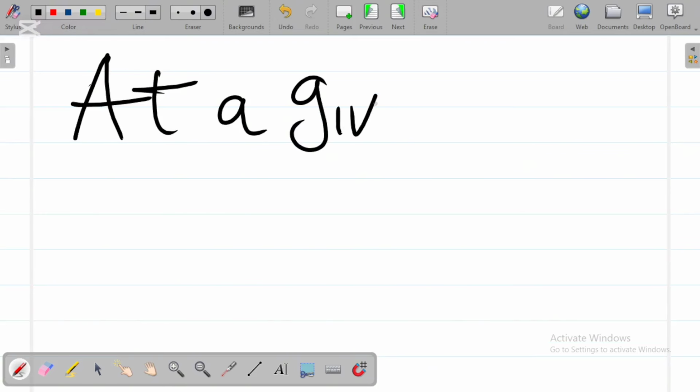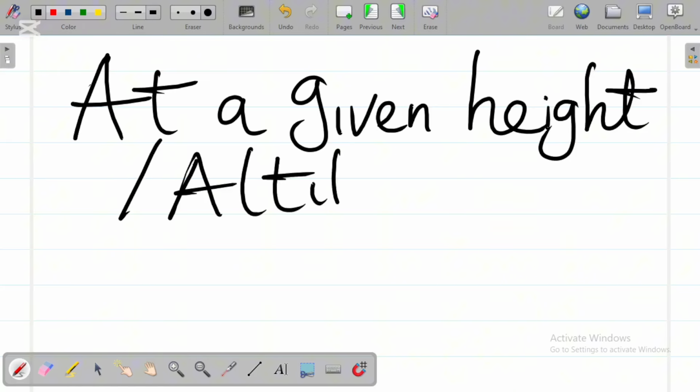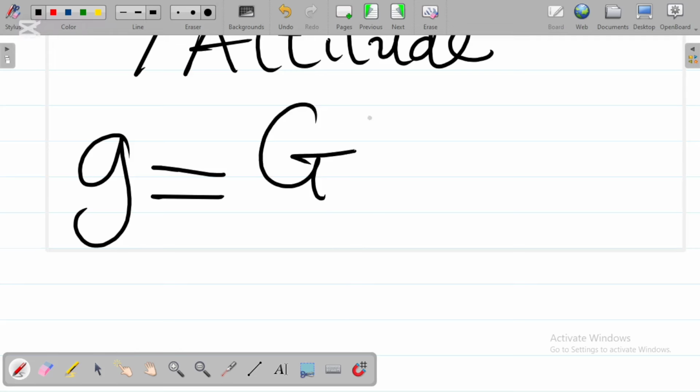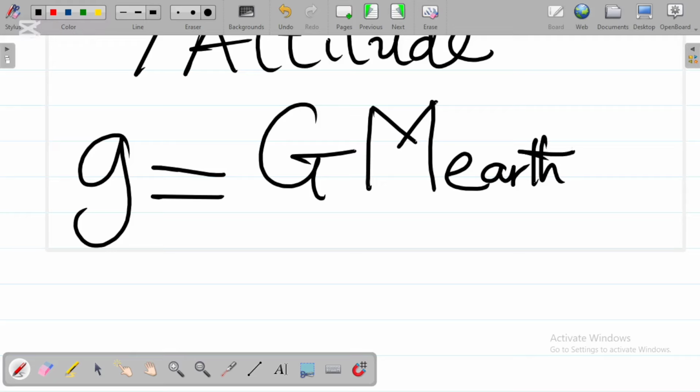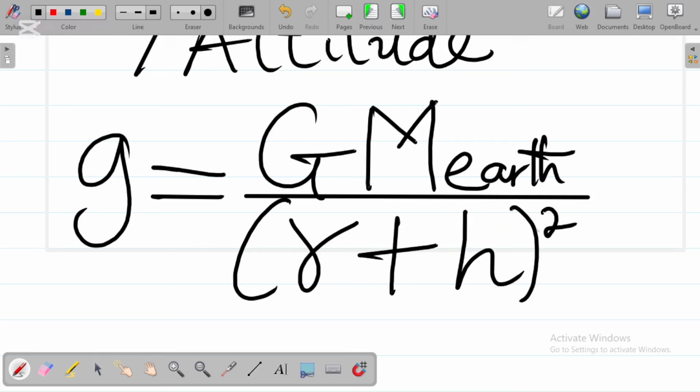At a given height or altitude, acceleration due to gravity G is equal to gravitational constant capital letter G multiplied by the mass of the earth all over the radius of the earth r plus the height of the altitude, and then all raised to power 2.